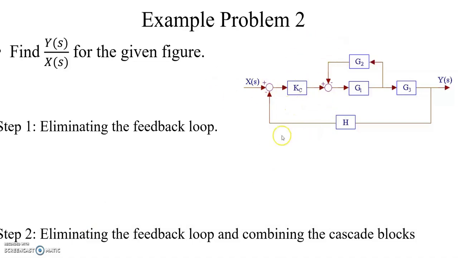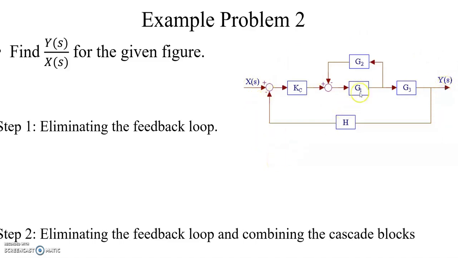In this problem, G1, G2, G3 and KC are in the forward path and H is the feedback. Another feedback is also there around G1 and G2. Here X(s) is the input signal and Y(s) is the output signal. We can find Y(s) by X(s) for the given problem.